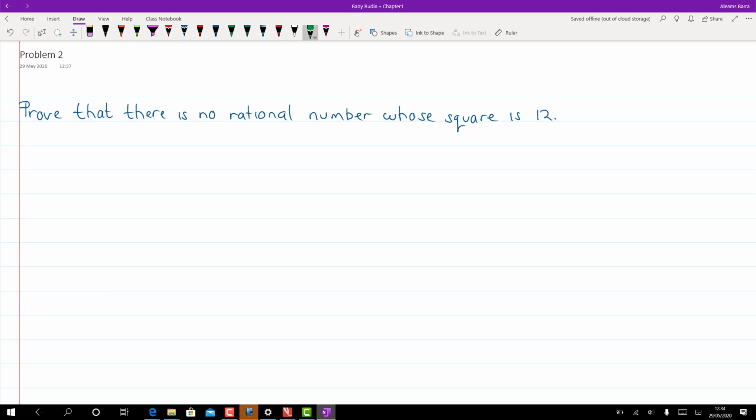Okay, let's get started. As usual, probably you have seen the argument that there is no rational number such that its square is equal to 2. The argument is quite similar. We start with assuming that there is such a rational number.